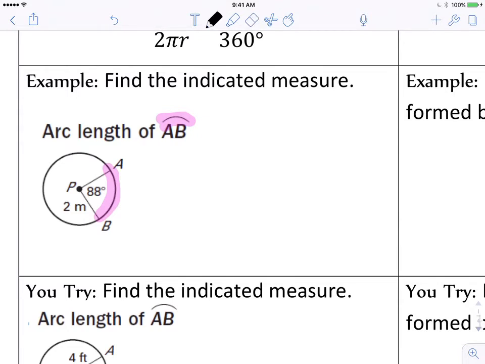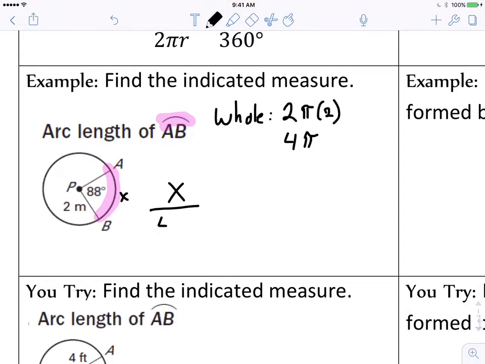So the first thing that I'll do is find the entire circumference. So what's the whole? We've got a radius, so it's 2 pi, and then our radius is 2. So I'll just leave that as 4 pi for right now. Now this measure, we'll call it x. That's part over the entire thing, which is 4 pi. Okay, so we don't know the part.